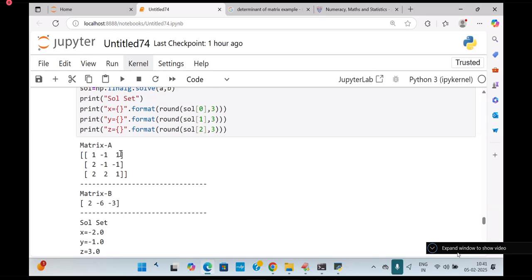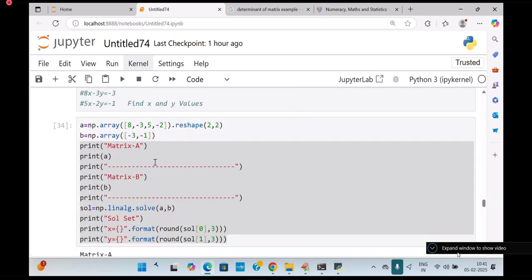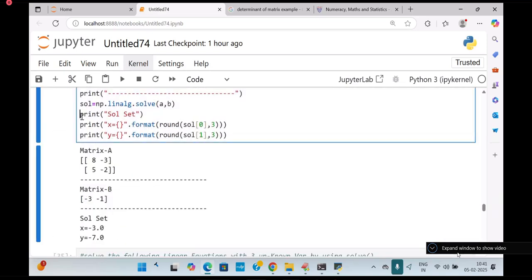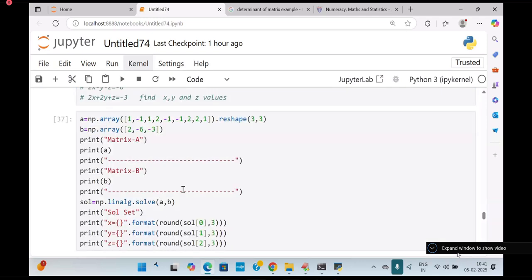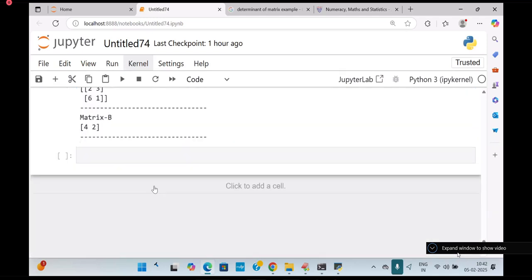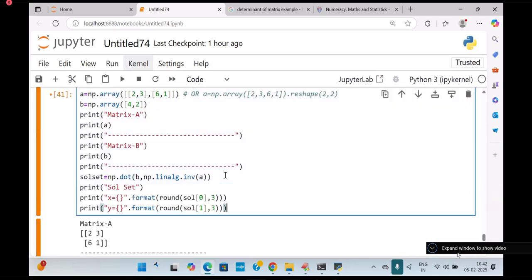Let me print the solution set. Which values did I copy? Here I copied. You get the solution set. Here I will print the solution set, so solution set is equal to solution set of.